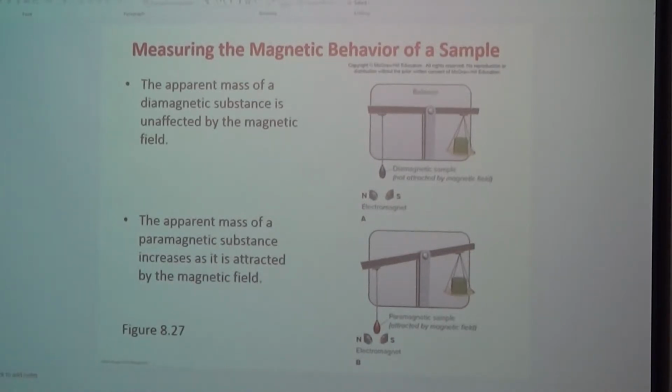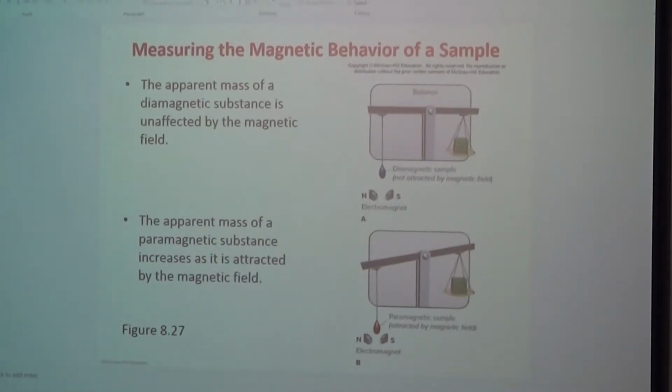So here's the experiment you can do. You take your sample. Now this says this one's diamagnetic, but let's just pretend we don't know. We put this sample on a balance, and let's forget the magnetic field for right now. So the beam is horizontal, and whatever the mass is over here is the mass of this.